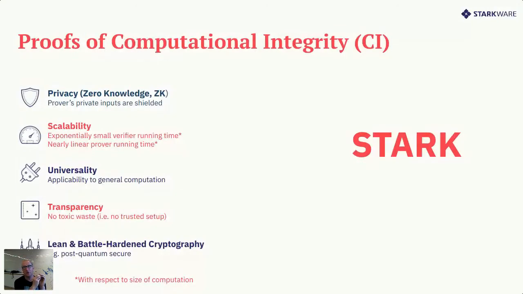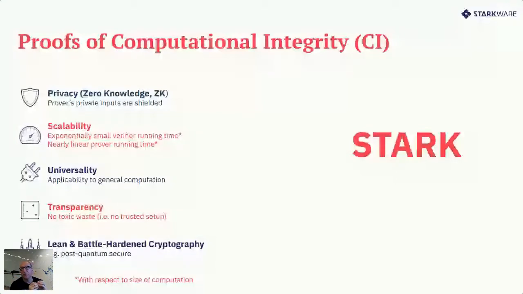So for instance, if your computational statement discusses the correct settlement of 10,000 transactions, or a million transactions, and T is this parameter, maybe the block size or the gas amount or the number of computations, you would like that as this parameter T scales up to infinity, the prover running time be as close as possible to T. It cannot be smaller than T; there are provable mathematical reasons why the proving time cannot be smaller than T.